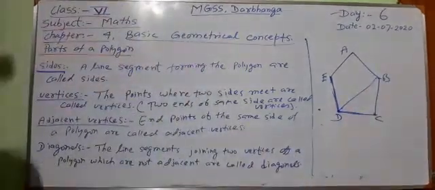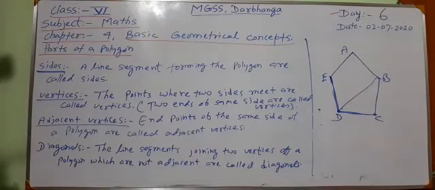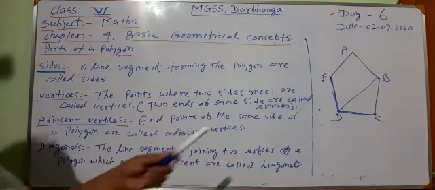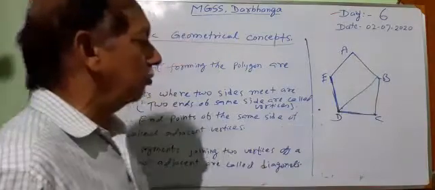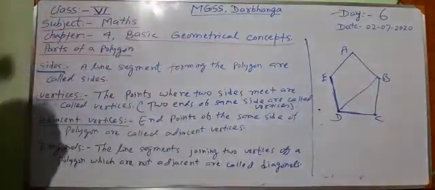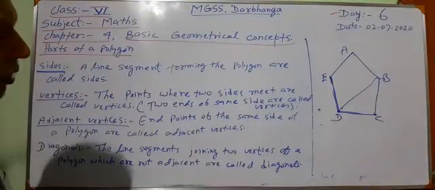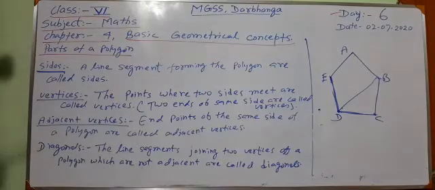A diagonal is also a line segment, and this diagonal DB has two endpoints, just like any other line segment. One endpoint is D, the other endpoint is B. DB is one diagonal. Now you have to think, are there other diagonals or not? There are many other diagonals also.